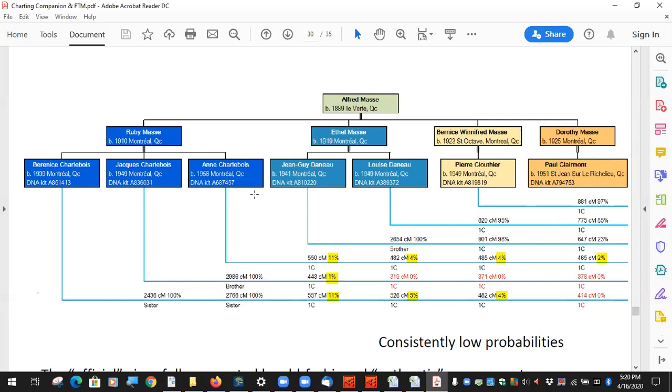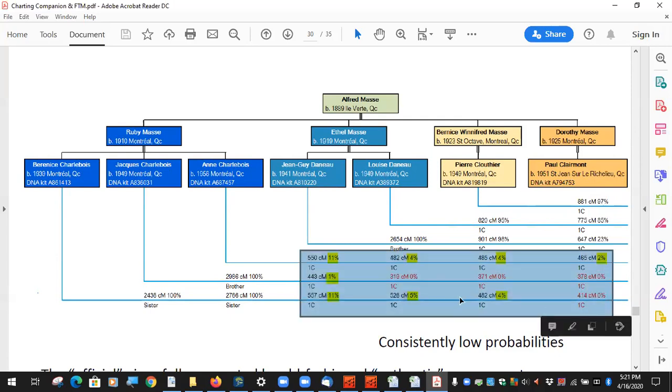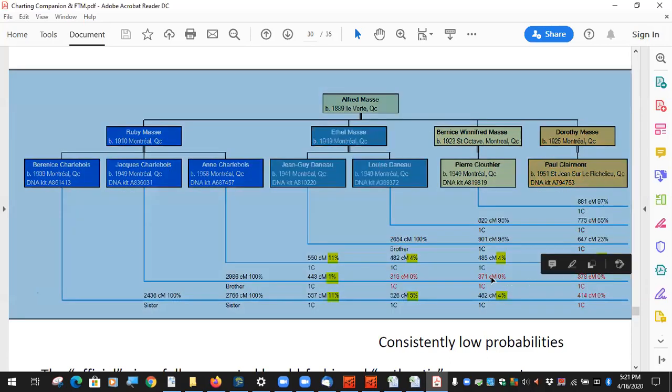And if you look at how they all match, except for when they get down to his Aunt Ruby, these all of a sudden match at a very low value, and to some, these are not possible at all.